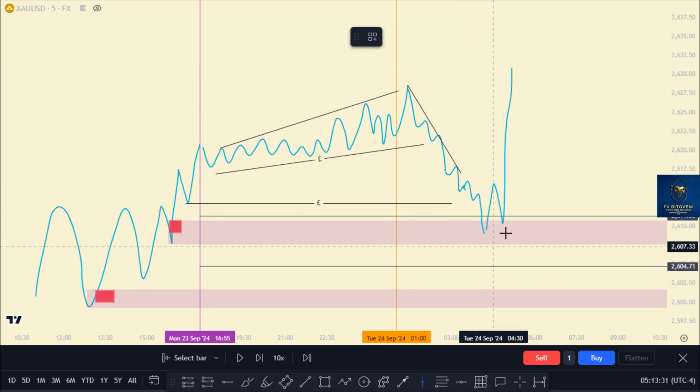Then before you take this entry, check the clock. Make sure you are in London kill zone.